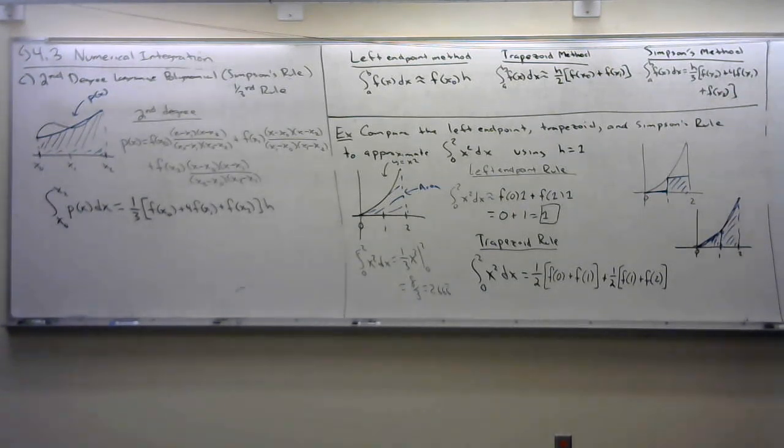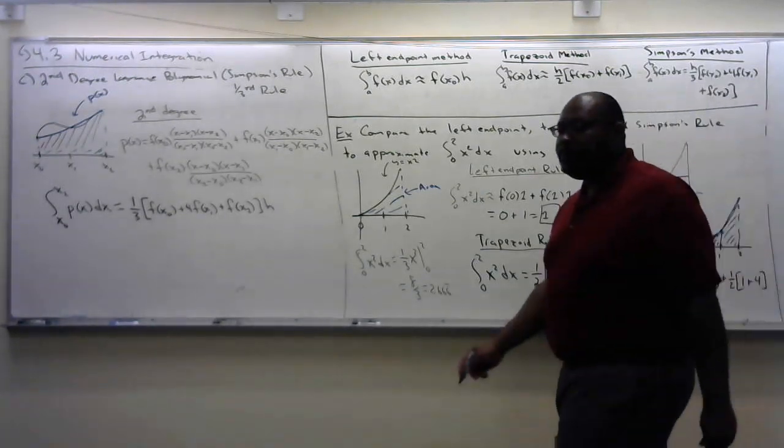So I have these two trapezoids. That's going to be a much better approximation than the last one we had. So we plug in, get 1 half of 0 plus 1, plus 1 half of 1 plus 4. I believe that's what it is.